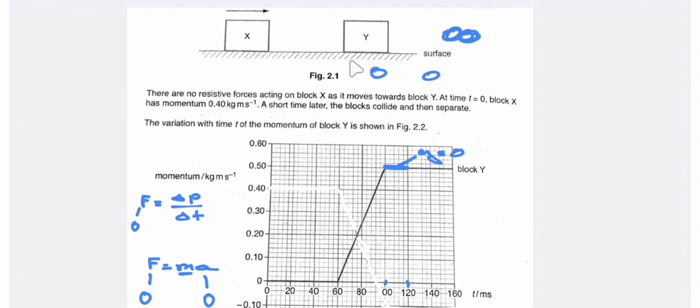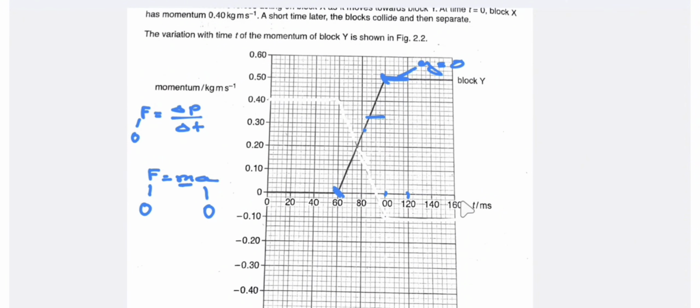So what is the force? Force is equal to change in momentum by change in time. What is the final momentum? Final momentum is 0.50. So force is 0.50 minus the initial momentum, that is 0, divided by the change in time. 100 minus 60 is 40 millisecond, and milli means 10 to the power minus 3 seconds.